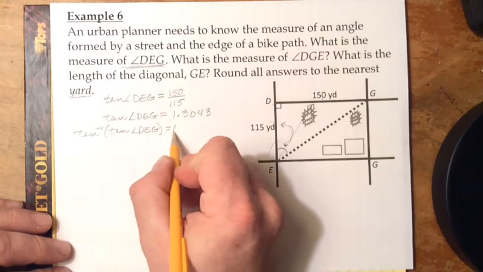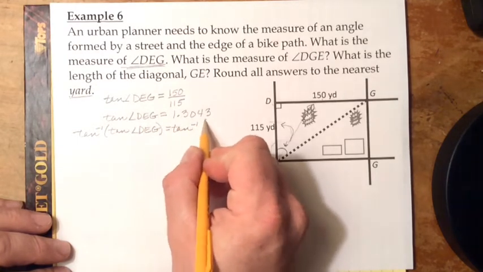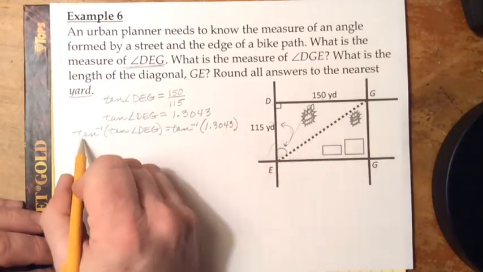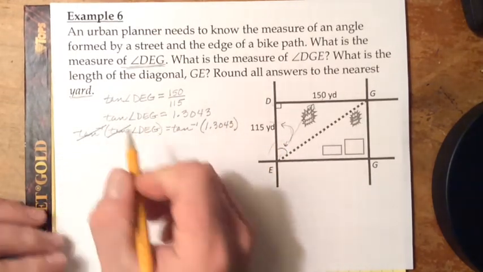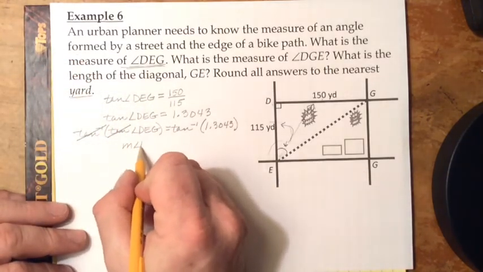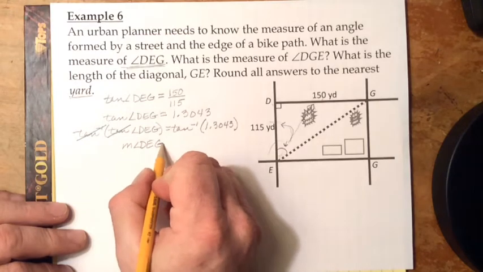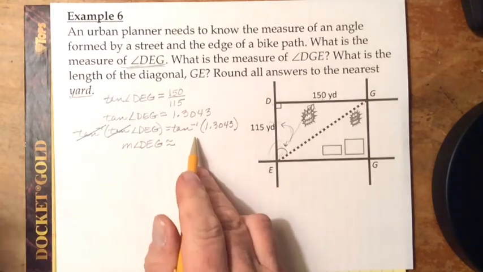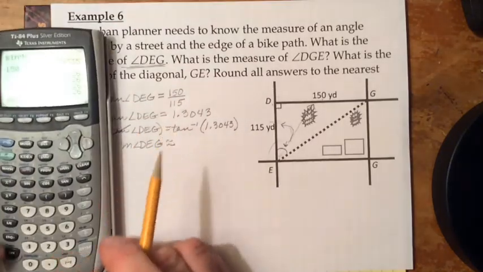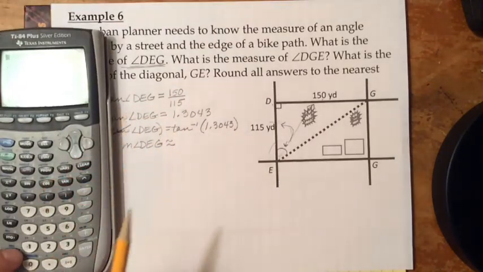I'll do it on the right side. So the arctan and the tan cancel each other out or undo each other, and we have the measure of angle DEG remaining. So now we take the inverse tangent of 1.3043. So make sure you're in degrees.